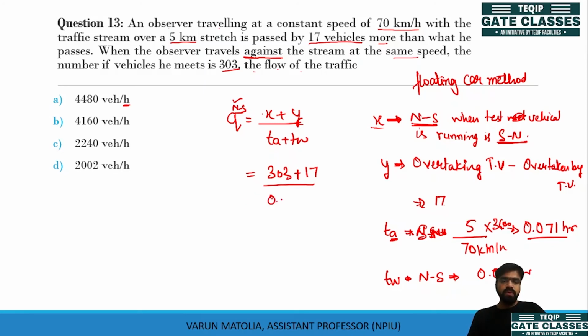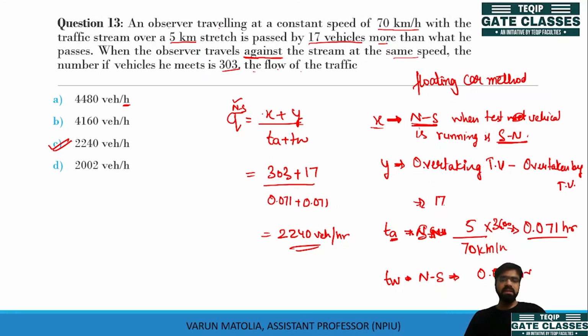Let us write 0.071 plus 0.071. Let's calculate. The answer is 2240 vehicles per hour. We have the option here, 2240 vehicles per hour.